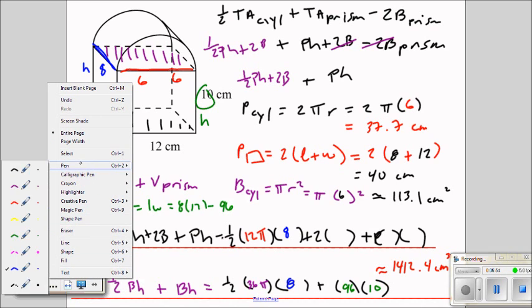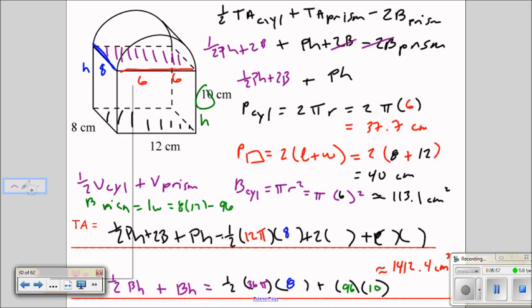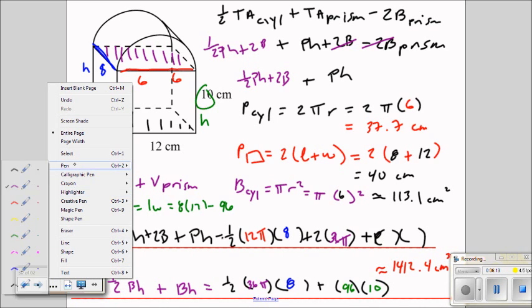Now to find the base area of my cylinder, it's calculated by pi times radius squared. So that's pi times 6 squared, or 36 pi. Now onto the prism.